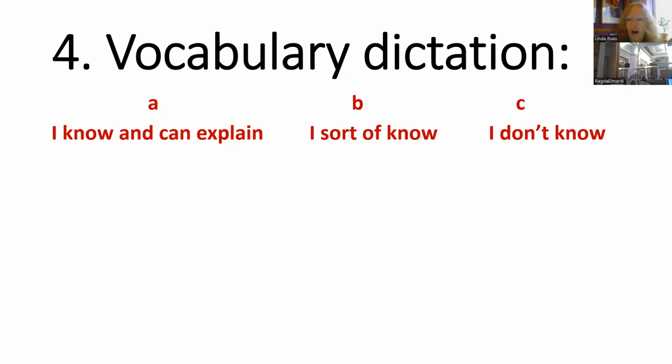Now, show your partner where you have put the words and see if your partner has some words in column A that you put in B and C. And if they have, they can help you and they can explain to you. So we could do this as a whole room activity where all the students get up and show their papers and learn from each other.